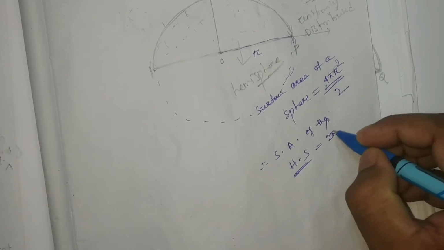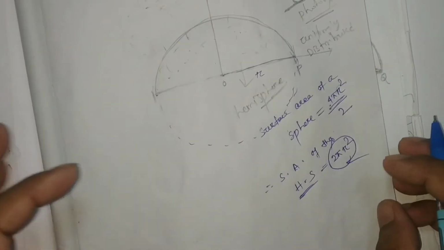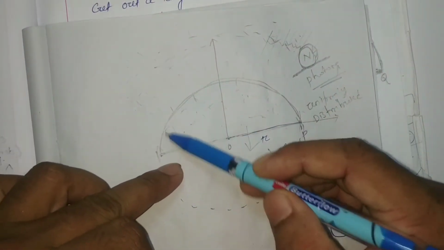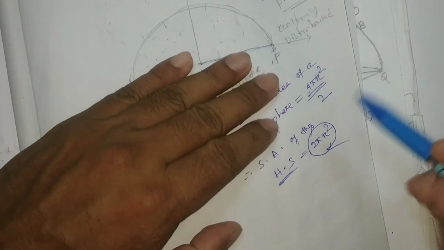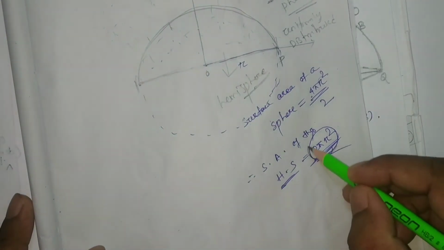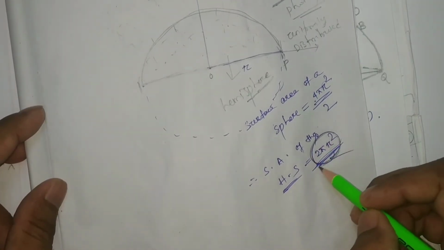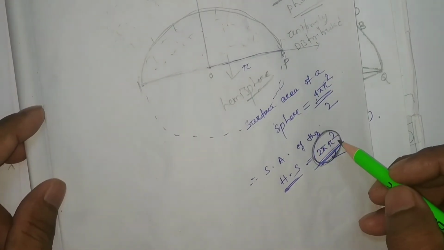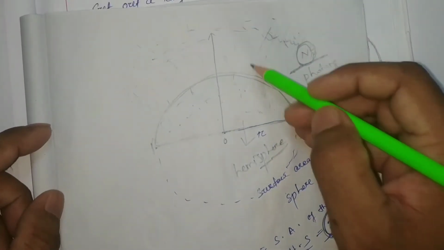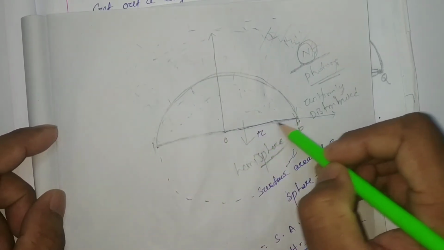2 pi r square. That means through this surface area of 2 pi r square, how many beams or photon particles are crossing and striking the surface?